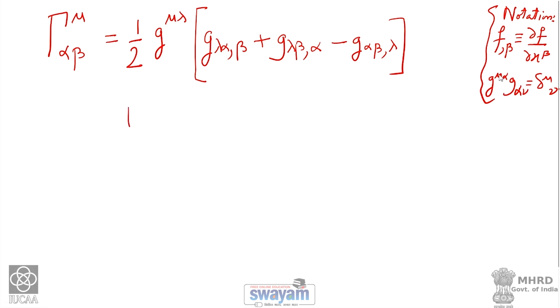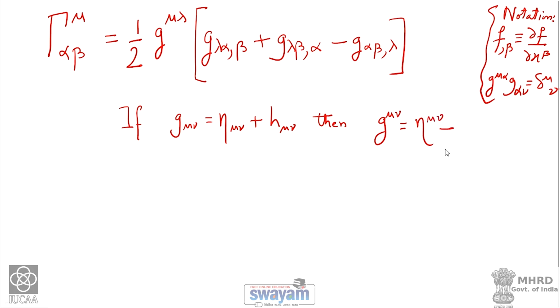So, if g mu nu downstairs is eta mu nu plus h mu nu, then this implies that the upstairs g mu nu, namely the contravariant metric tensor, will be eta mu nu minus h mu nu, where h mu nu upstairs is defined with the raising and lowering done by the Minkowski metric itself.